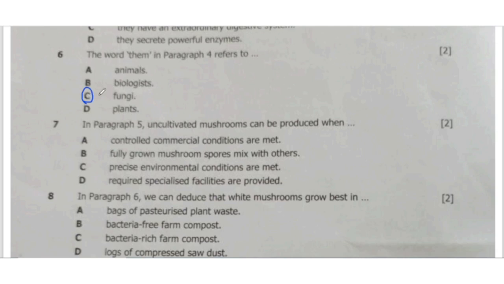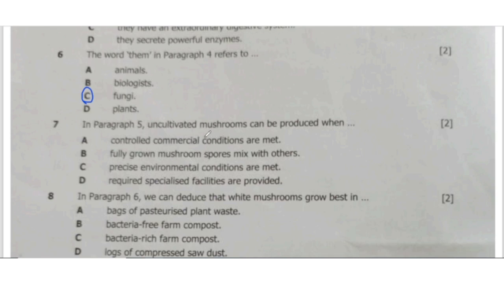Okay, we go to number 7. In paragraph 5, uncultivated mushrooms can be produced when. Question 7, when will the uncultivated mushroom be produced? Controlled commercial conditions are met.